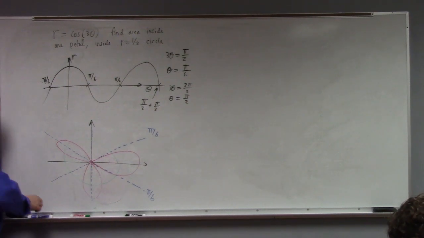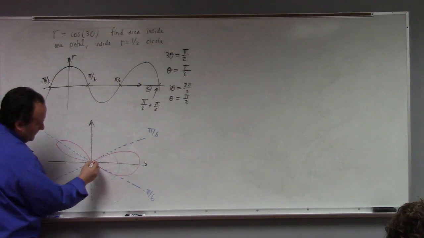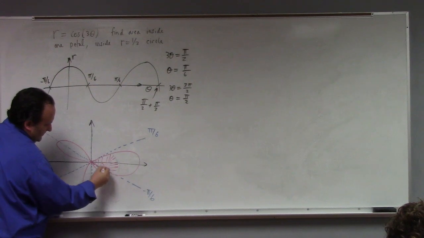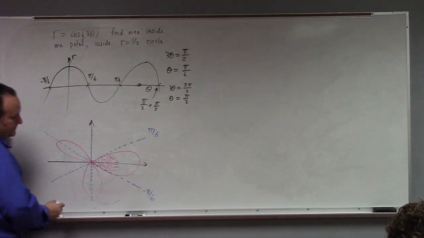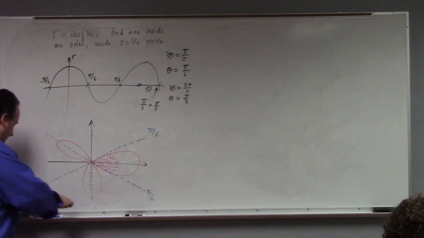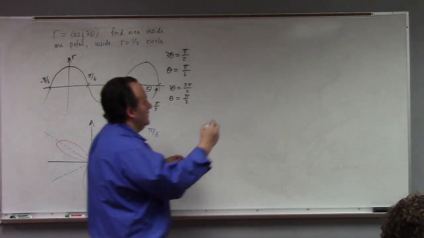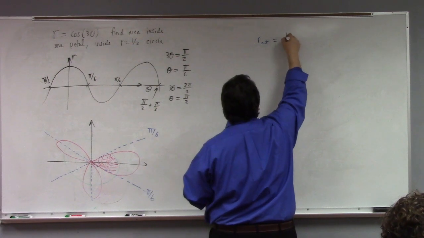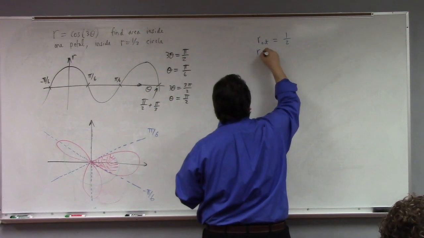So the area we're trying to find is what? We're trying to find the area in here, so inside the 1/2 circle in one petal. So in this situation, R out is 1/2 and R in is what?